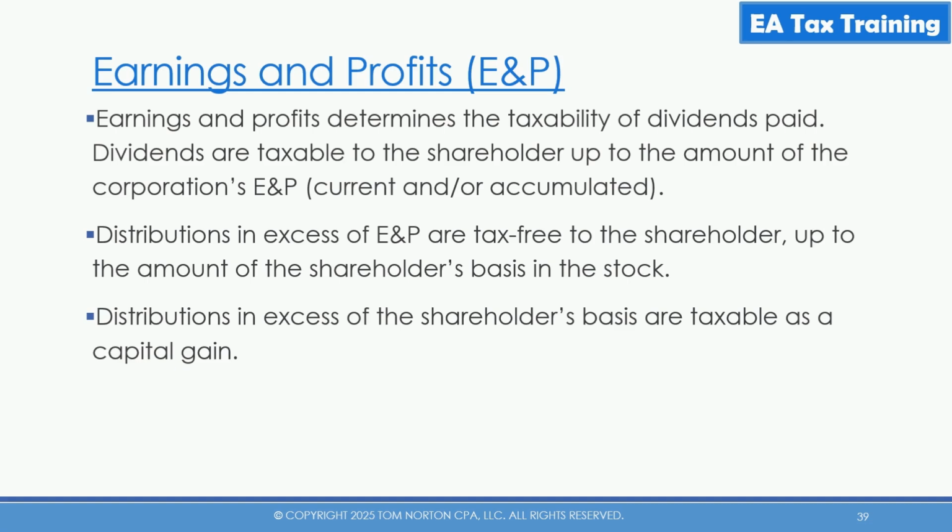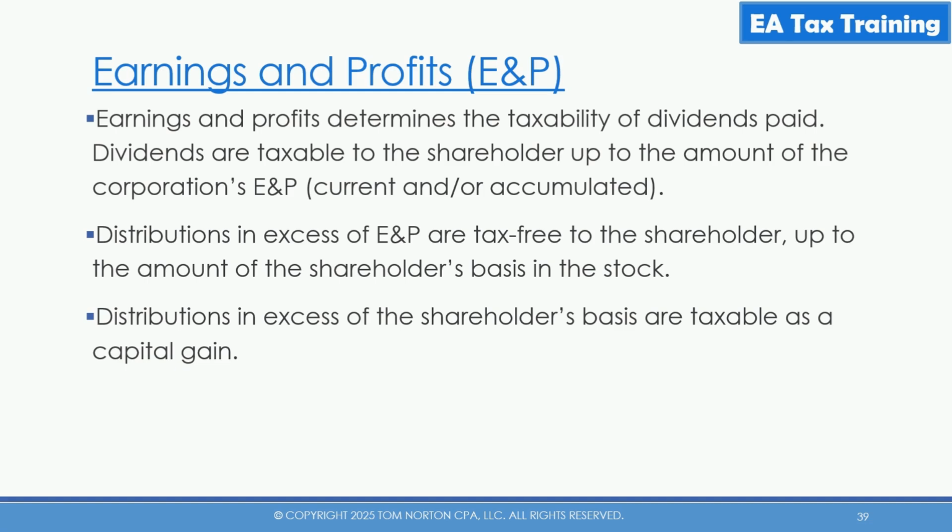So what that means is you could have a negative E&P. That is possible. So you could have negative accumulated earnings and profits. But if you've got current year positive earnings and profits, then any distributions that you make, any dividends that you pay up to the amount of those current year earnings and profits is taxable to the shareholder as a dividend.